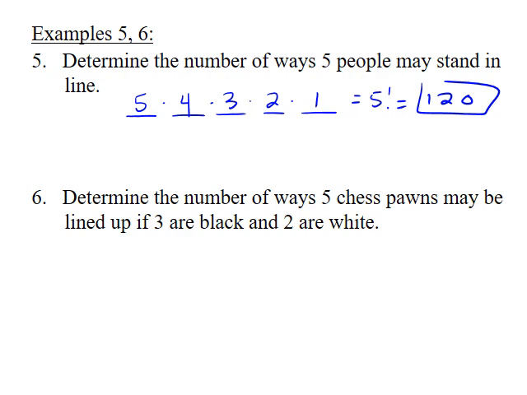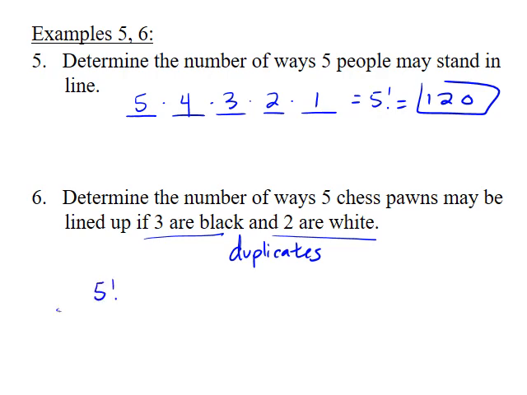But now in example 6, it says determine the number of ways 5 chess pawns may be lined up if 3 are black and 2 are white. Well, now we have some duplicates, don't we? So what we need to do is we'll use that little formula.